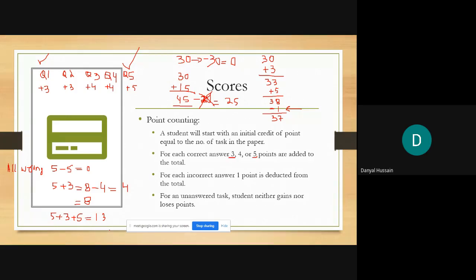You have 13 marks right now, but if you mark these three questions incorrectly, what will happen? You will lose 3 marks out of it. So 13 minus 3, now you will get 10 marks, because you have marked these three questions incorrectly. So what is better?